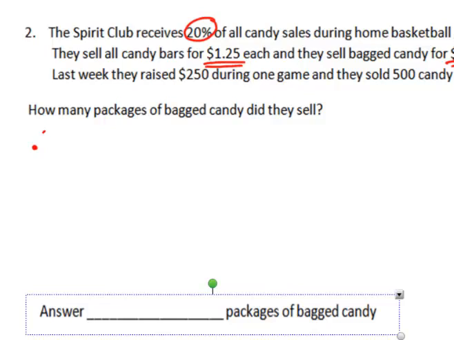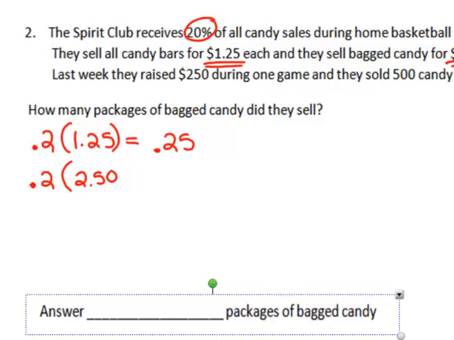So 20% is the same thing as 0.2 times $1.25. When I multiply the 2 of those together, I find out that they earn 25 cents for every candy bar they sell. And then 0.2 times 2.50 shows me that they earn 50 cents for every bag of candy.